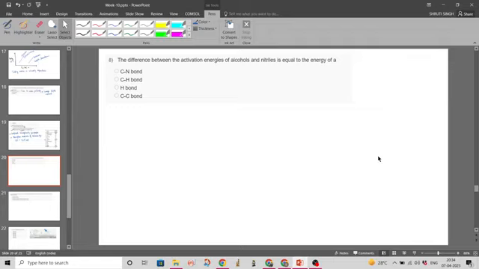The next question asks whether the difference between the activation energies of alcohols and nitriles is equal to the energy of a CN bond, CH bond, H bond, or CC bond. Now here we are checking the activation energy, which means the effect of temperature and H bonding.